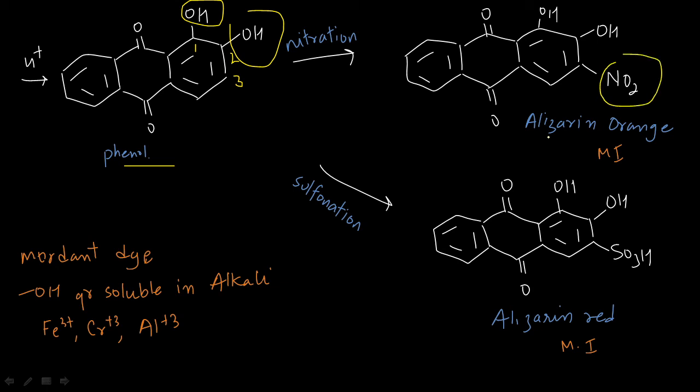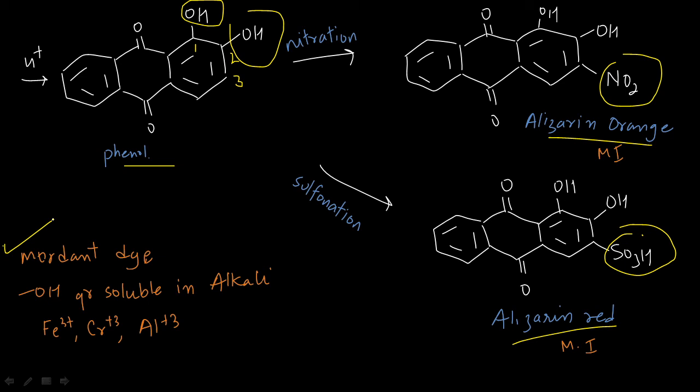We get alizarin orange. These alizarin compounds are very important. When you perform sulfonation, we get alizarin red. Now this dye is a type of mordant dye, and the OH group formed in the dye is soluble in alkali.